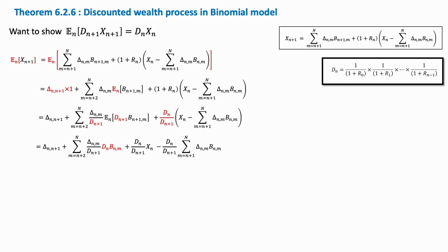Okay, then now we can start making use of some properties, right? So we said the discounted bond price is a martingale. So that means we can replace this expression here simply by that, right? Because we know that it's a martingale.